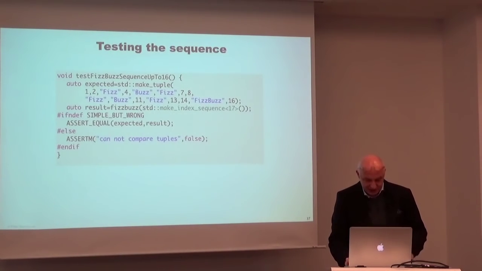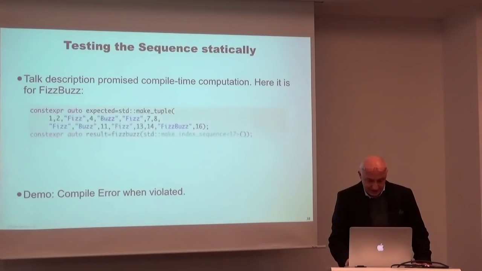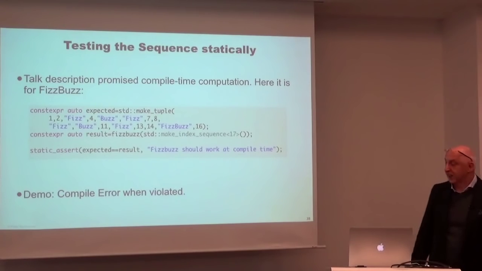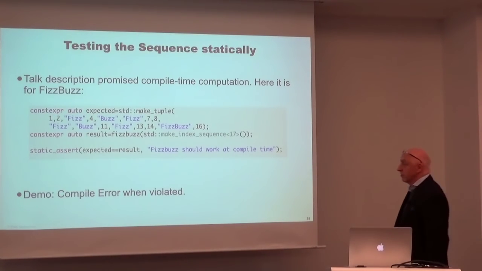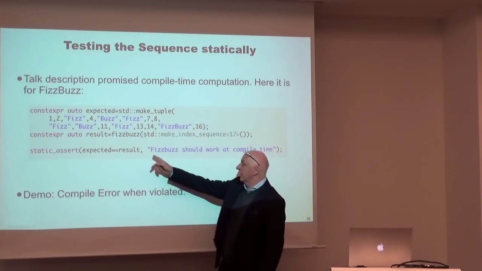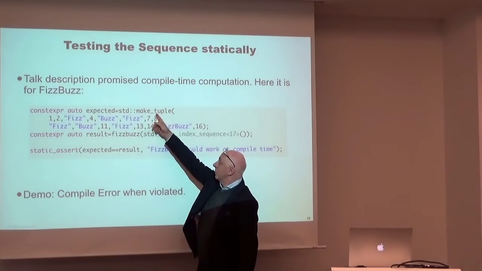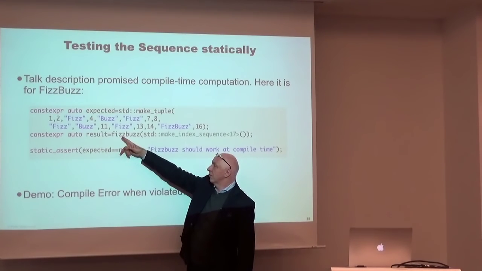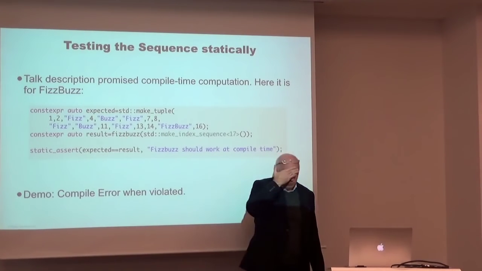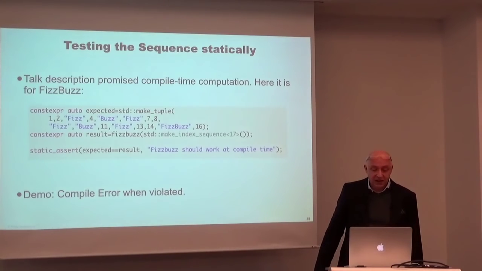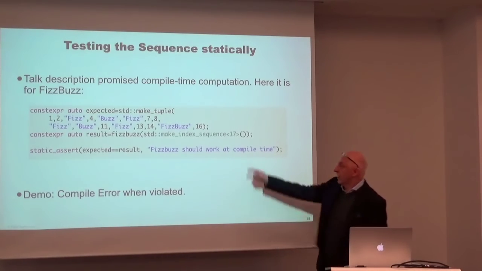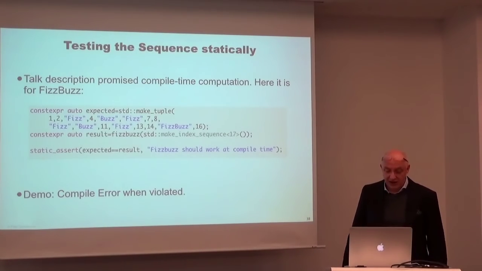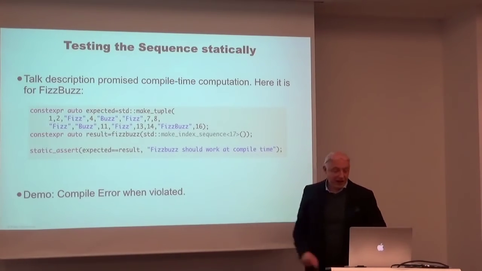But we want to actually do that at compile time, so you better check at compile time that it works. Fortunately, we can compare tuples if we can compare the elements. And we create the tuple again as a constexpr variable. We take a result by calling the constexpr version of fizzbuzz and expect that it's a compile error when violated.